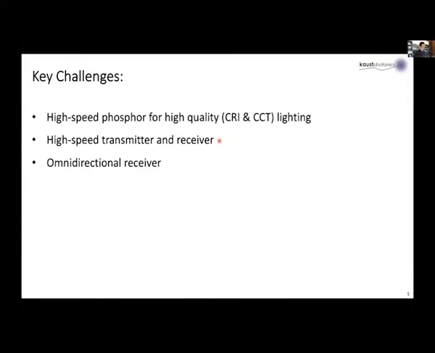And for the receiver, the APD will be able to go up to close to about a gigahertz of bandwidth, but if you want to use a single silicon-based PD to handle multiple gigahertz up to a few tens of gigahertz, it might be quite challenging.